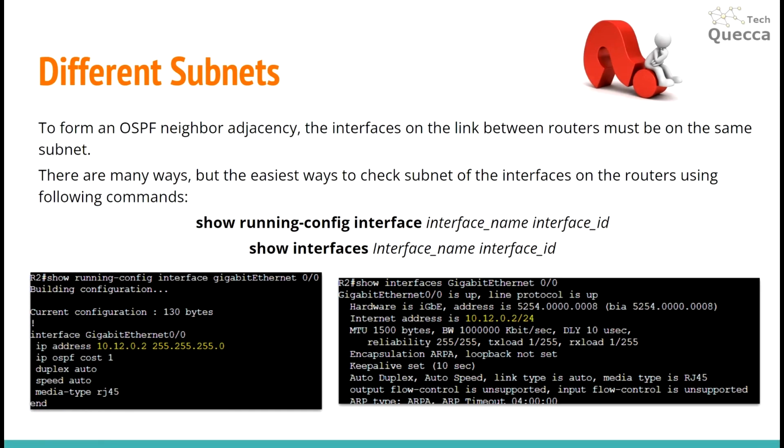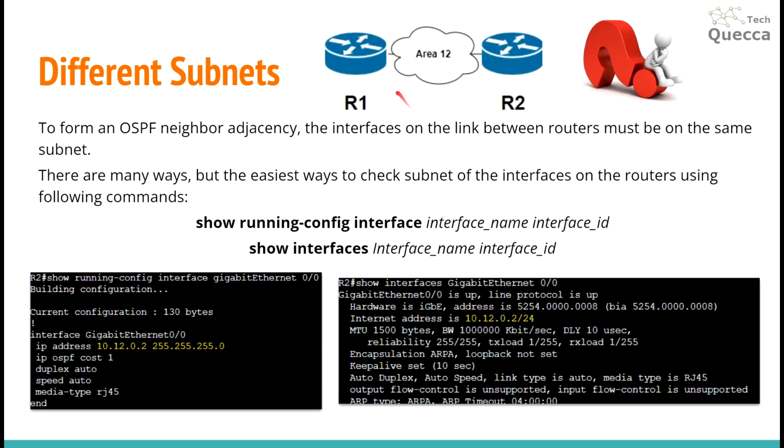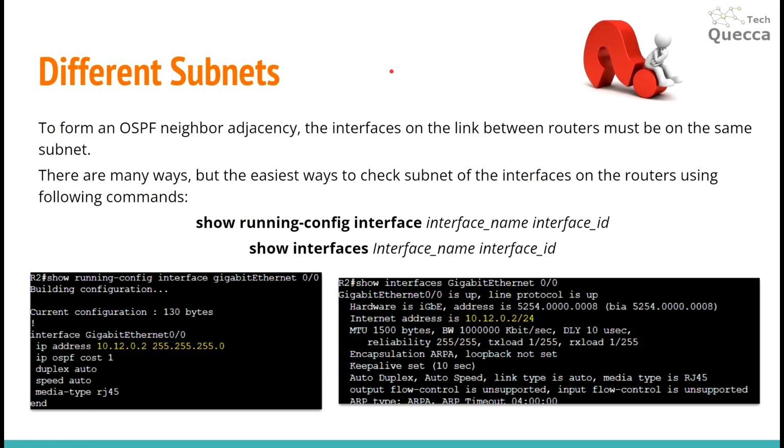Different subnets. For two routers to form neighbor adjacencies for OSPF, they need to have the same subnet mask on the interfaces on the link between them. For example, here on this interface and on this interface on router R1, they need to have the same subnet. There are many ways to check the subnet on the interfaces, but the easiest way is using these commands.